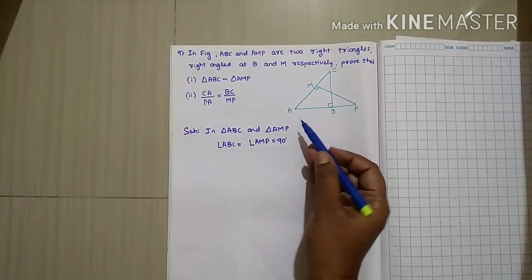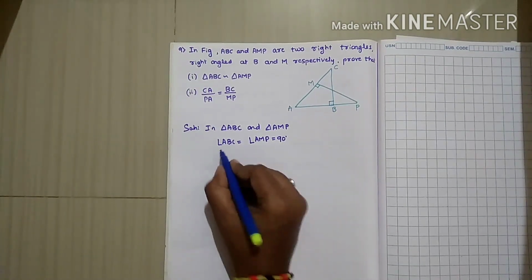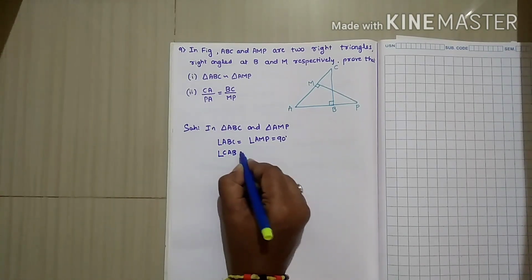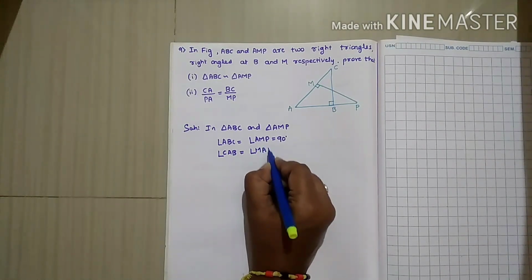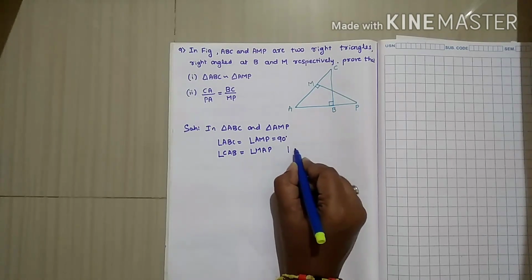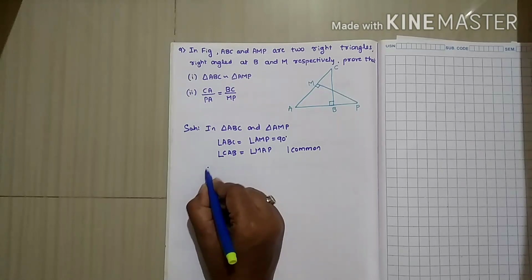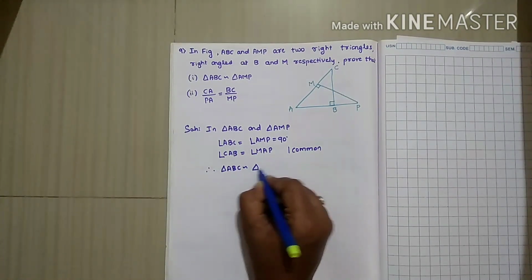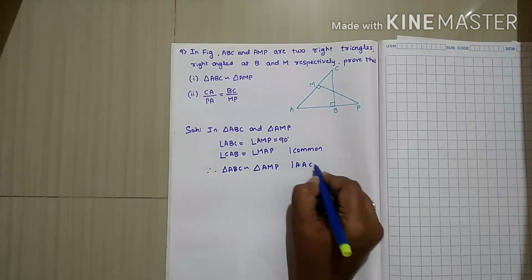Angle A is common for both the triangles, so I can write that as a common angle: in triangle ABC, angle CAB, and in triangle AMP, angle MAP. Now by AA criteria we can say that triangle ABC is similar to triangle AMP.